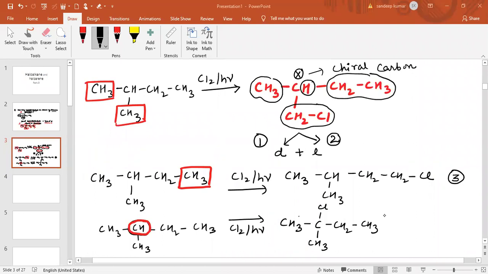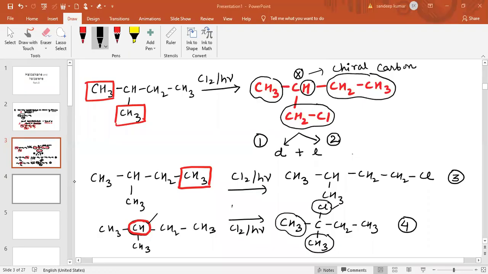So what happens basically? In this case we can see this hydrogen will be replaced by the Cl. But this is not a chiral center. Why is this not a chiral center? Because two CH3 groups are there, the same groups are there. The other product is basically, you can see.